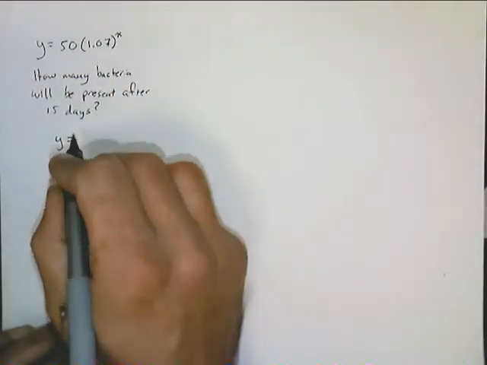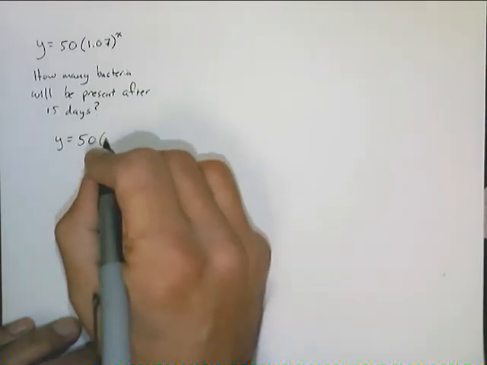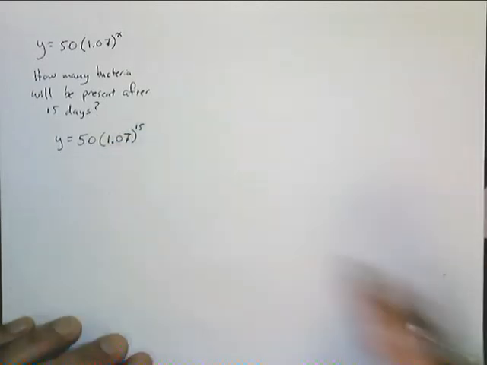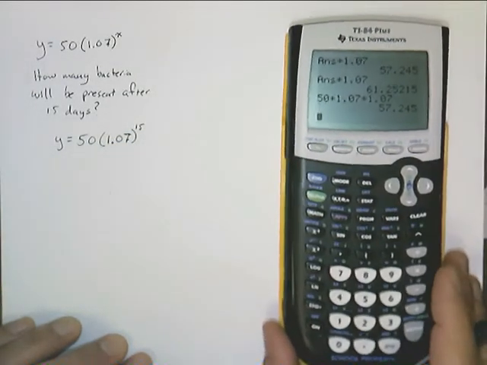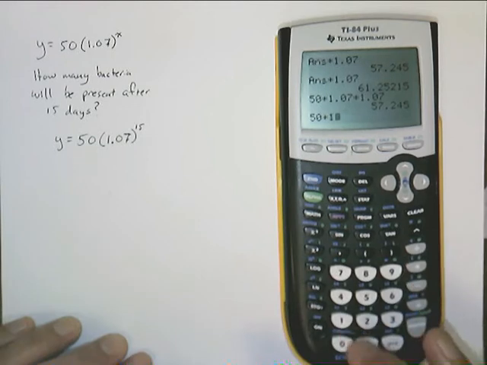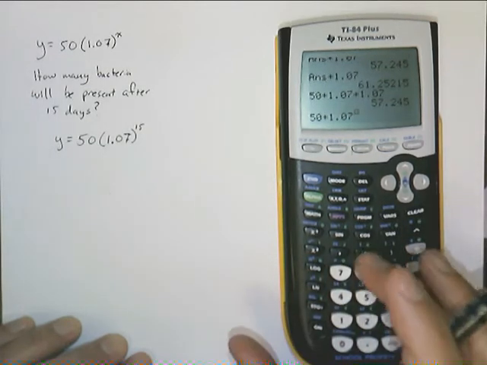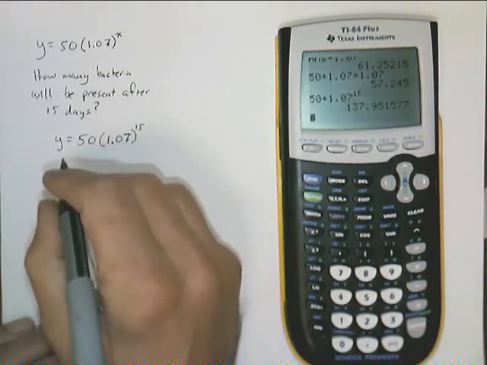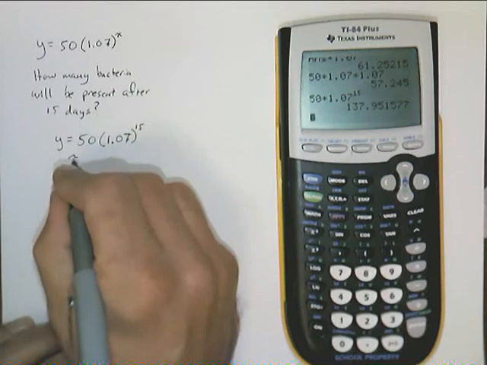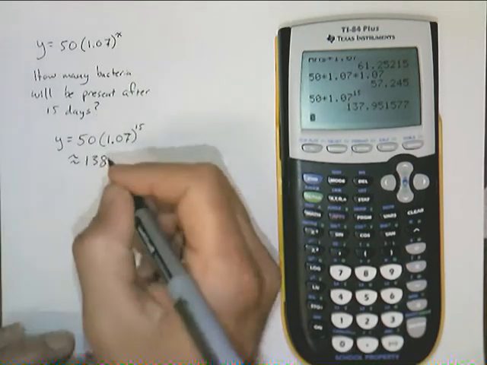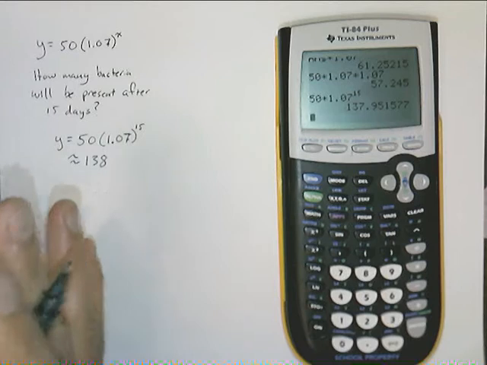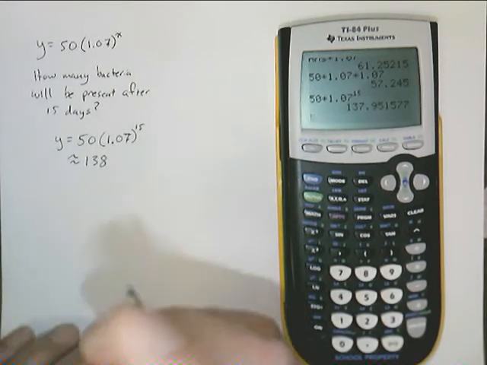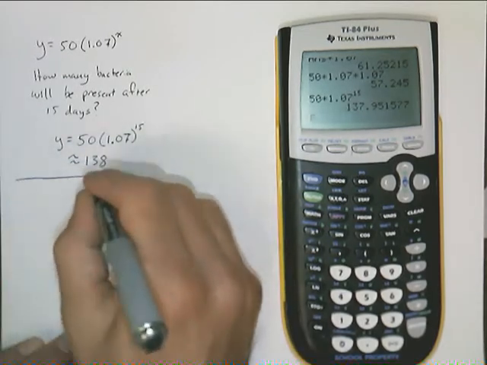So y is equal to 50 times 1.07 to the power of 15. And we get 137.95, so approximately 138 bacteria. Again, we're only going to get estimates out of this because it's just a model. It's not exact at all. So that's one question we might be able to ask.